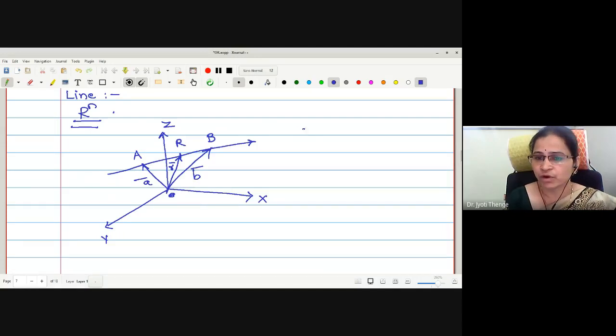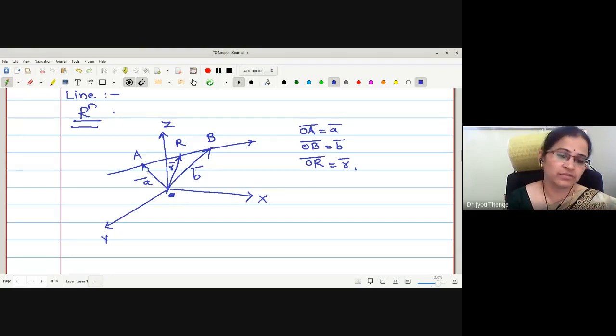Okay. What we are assuming: the vector OA bar is A bar, OB bar is B bar, and OR bar is R bar. Then how can I find the equation or the vector representation of this AR?